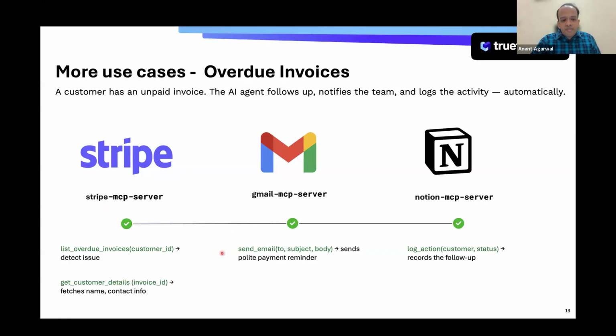Then the Gmail MCP server will be targeted, where this particular tool will be discovered dynamically by the agent. It will send the email and it will also log the action on Notion as per the user prompt. That is your requirement. So this is one more case where we have linked multiple different applications and performed an automation.